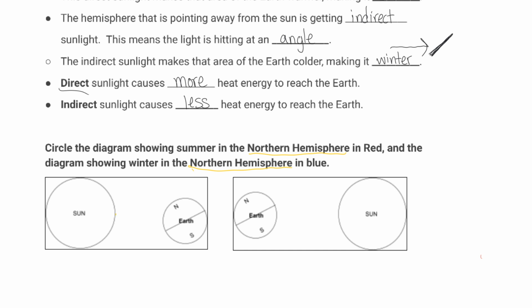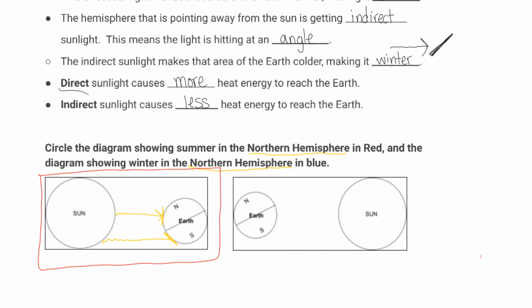So here's our sun. It's hitting the northern hemisphere directly. Light from the sun is hitting the southern hemisphere indirectly. That direct light into the northern hemisphere means that it is summer. So summer in the northern hemisphere, we're going to outline in red.